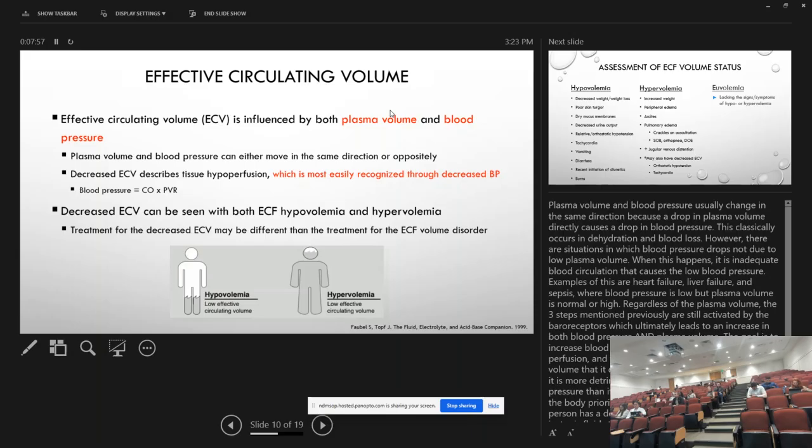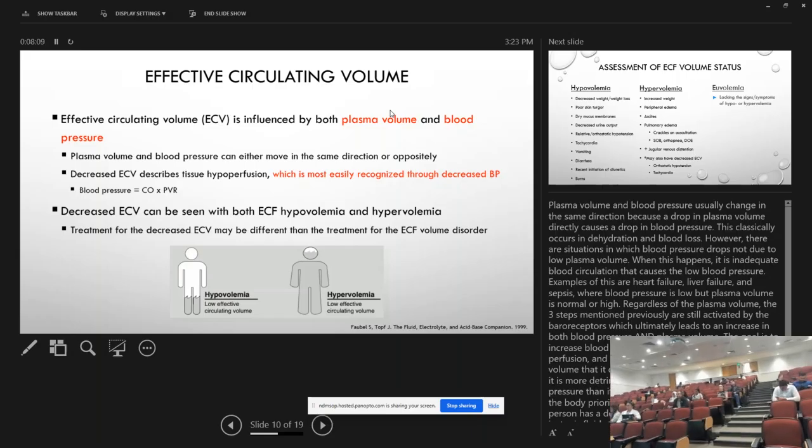What kind of disease states will fall into either one of those categories? Hypervolemic with a low effective circulating volume is what type of disease state? A patient who is dehydrated? No, that would be on the left-hand side. If you have hypervolemia and a low effective circulating volume, for example, edema and heart failure.